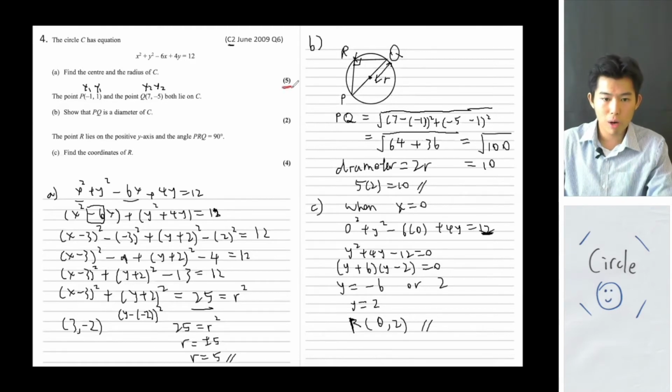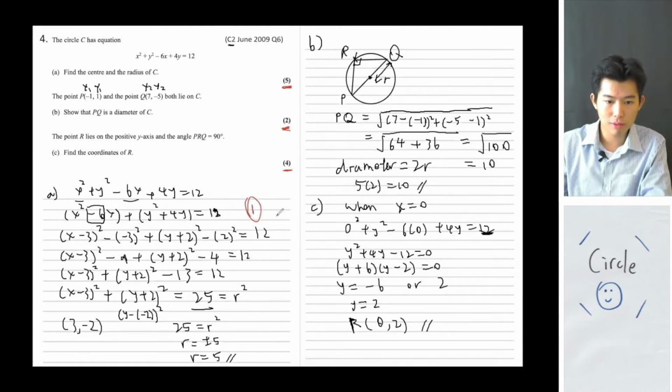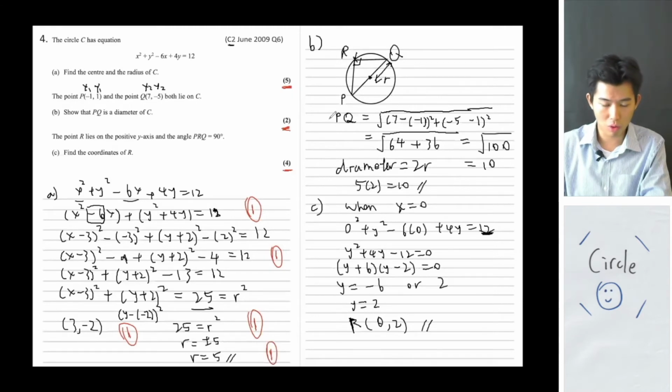Okay, so 5 marks for part A, 2 marks for part B, and 3 marks for part C. I guess 1 mark is for the method, 1 mark is for working, 1 mark is for getting the correct point for center, 1 mark is for the working on finding the radius, and 1 mark is for the correct answer.